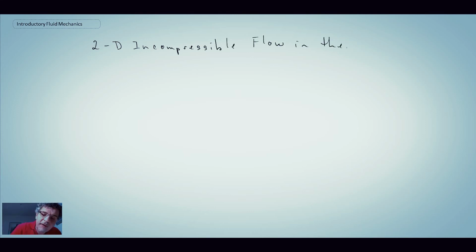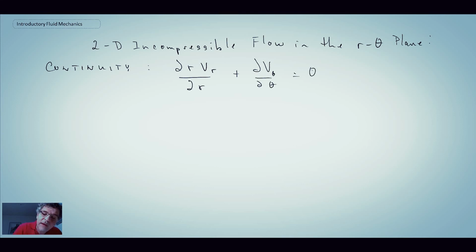If you look at 2D incompressible flow in the r theta plane, so this would be for cylindrical or polar coordinates, continuity for that can be expressed in this manner. And in terms of stream function, we can write this.